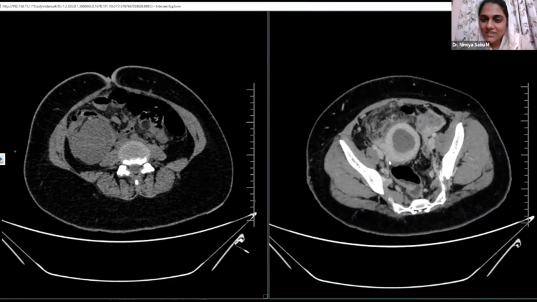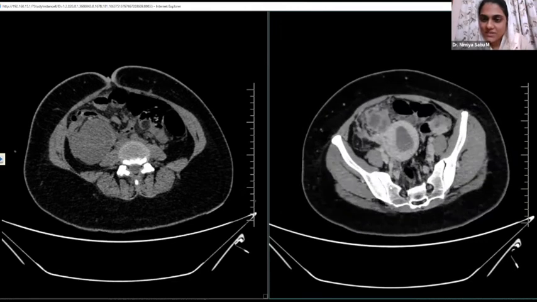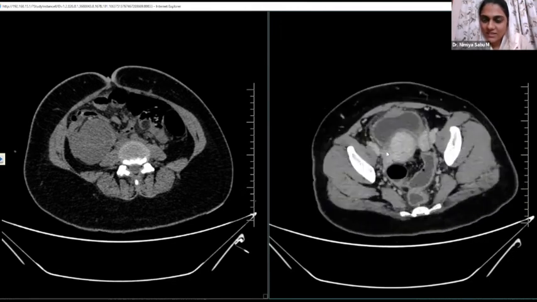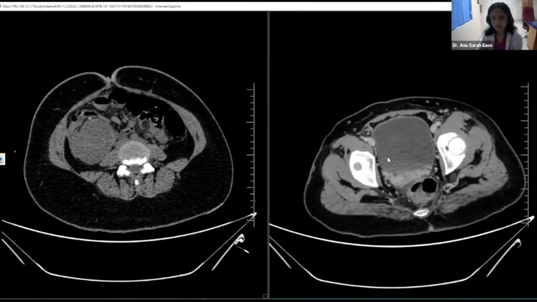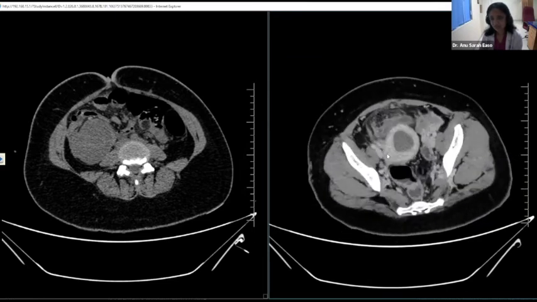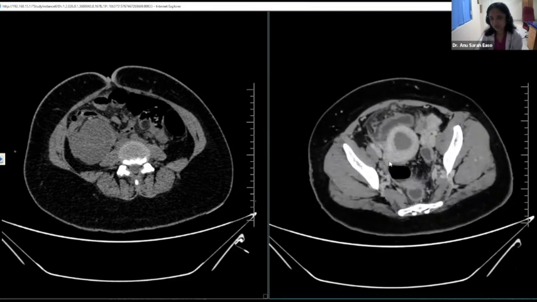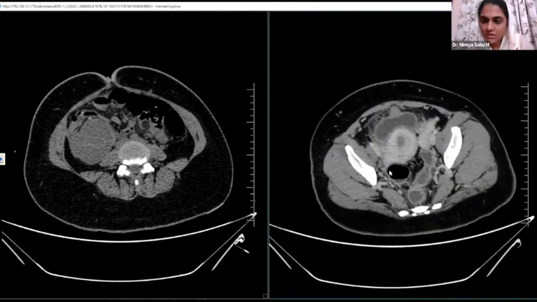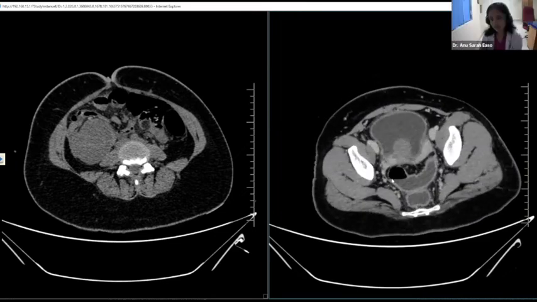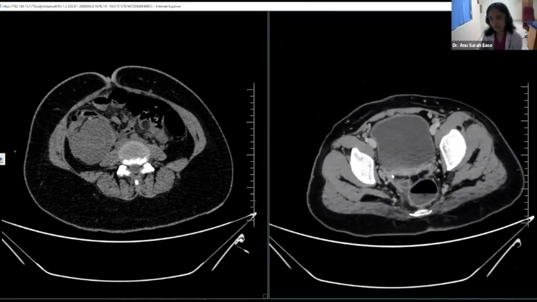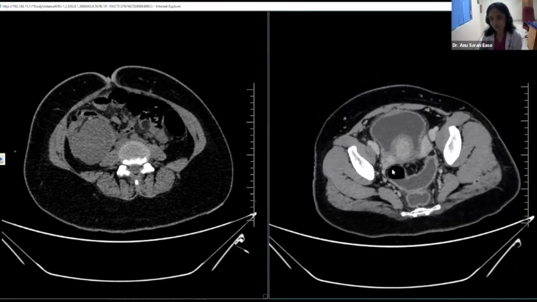Ma'am, cervix is not visualized. Yeah, as you said, we are seeing a uterus-like structure, superior and posterior to the upper part of the bladder. But below that, we are not seeing any uterus-appearing structure, or any cervix-like structure.